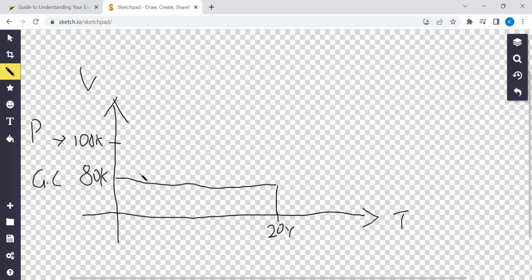Then we also have the bonuses. So this is the G, the guaranteed portion. This is the NG, the non-guaranteed portion.